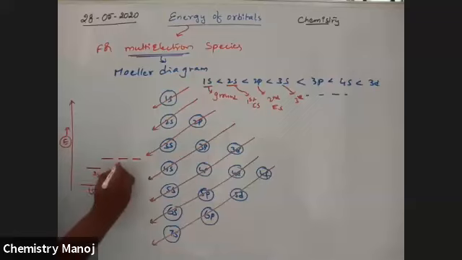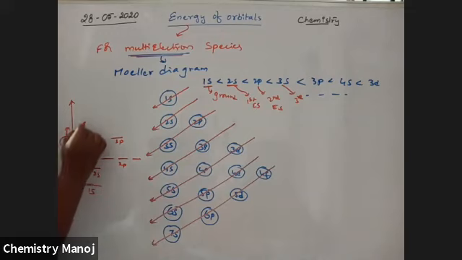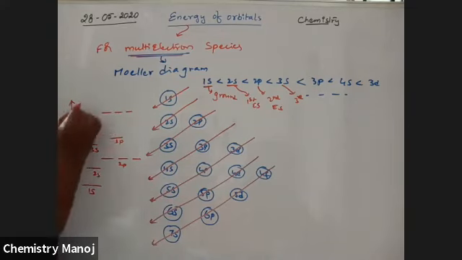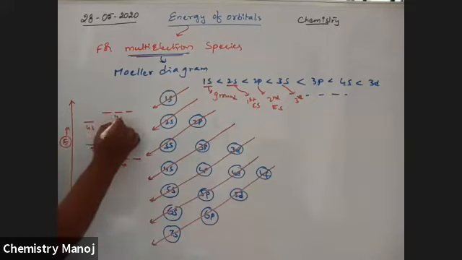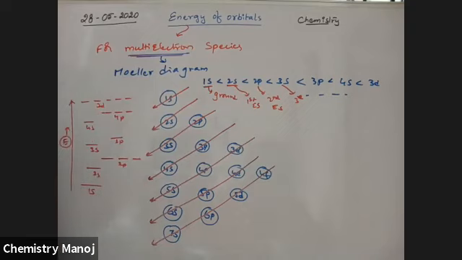This is the 3s orbital. This is the 3p orbital. Now it is 4s, 4p, 3d. These are the different orbitals.